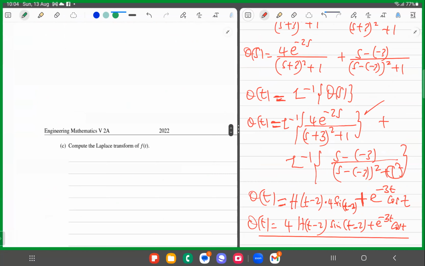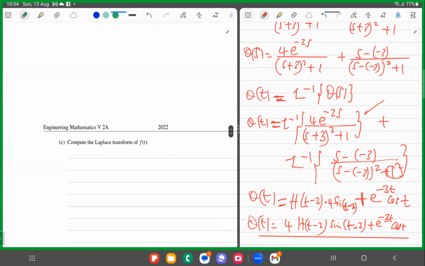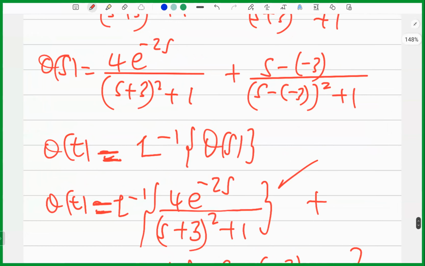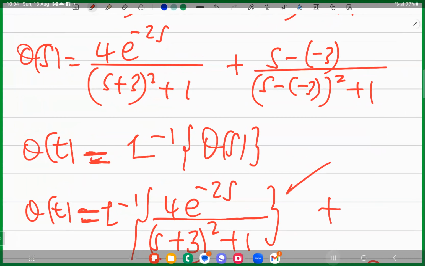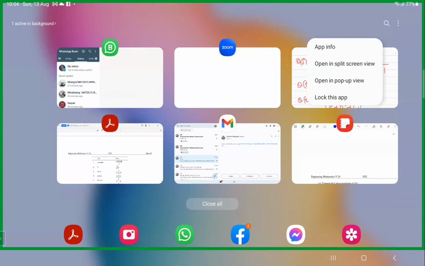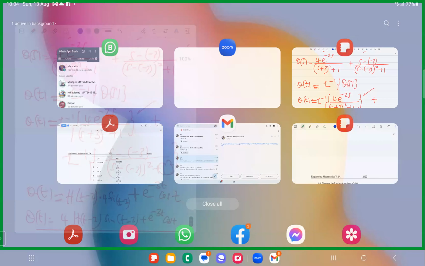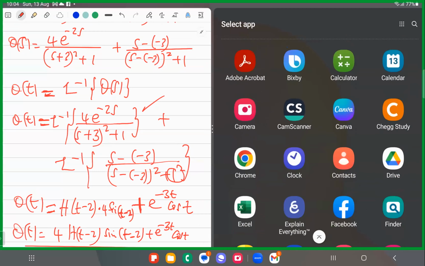Okay, I'm gonna collapse this one. Let's see, just 1 sec. I'm gonna collapse this template. And then I'm gonna use this one. Okay, so I'm gonna bring this app here.